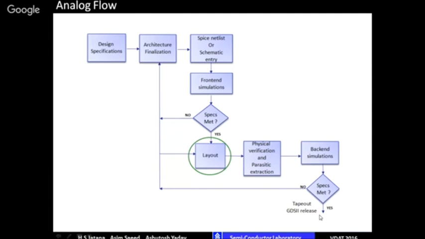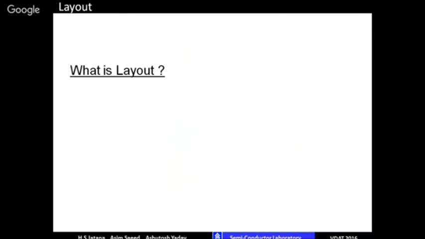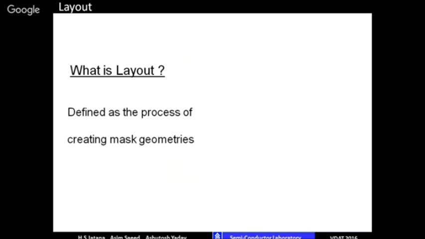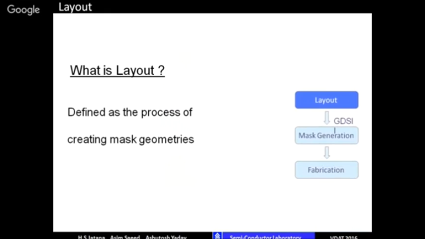There are many things in chip finishing also, like putting the IO pad rings, dummy fills, corner fills, and then finally a GDS is released. So what is layout? Layout is creating geometries. Earlier we saw that W and L are the two geometries of any passive or active component, so we have to define those and create those.